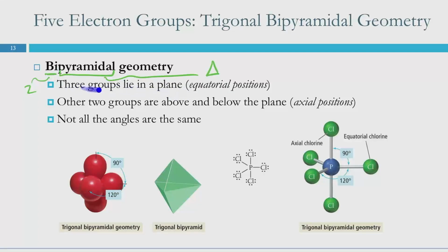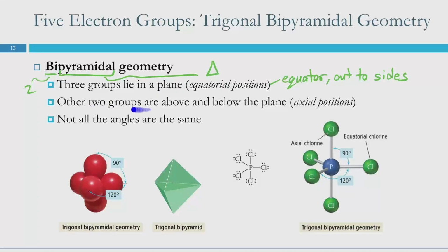3 of the groups lie in the flat plane, the way that we've drawn it at least. And we would call these equatorial positions. The equator, I think I'm spelling that correctly, right, on Earth goes around the widest part. It's like the middle. So equatorial positions are all pointing out towards spots that would be on the equator, or out to the sides.